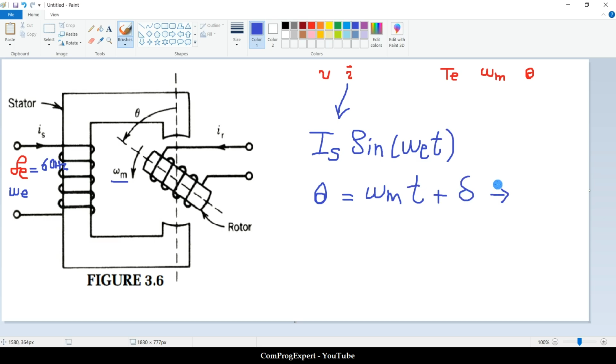Delta is the value of theta when the time is equal to 0, right? The initial position of this moving object before applying current to this coil. Yes, delta is theta for t equal to 0.